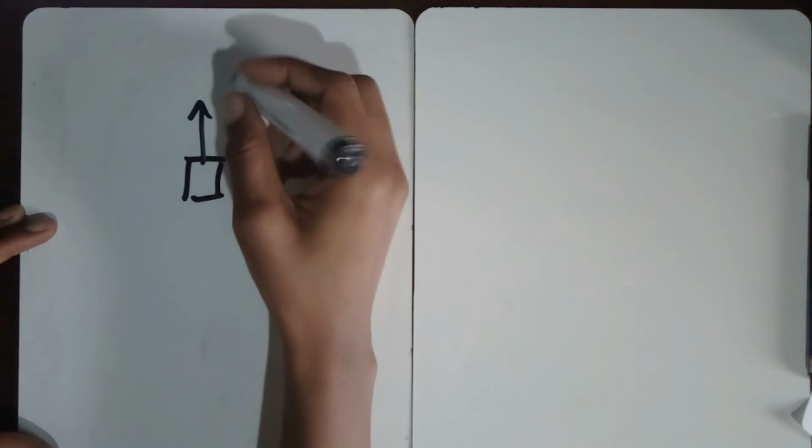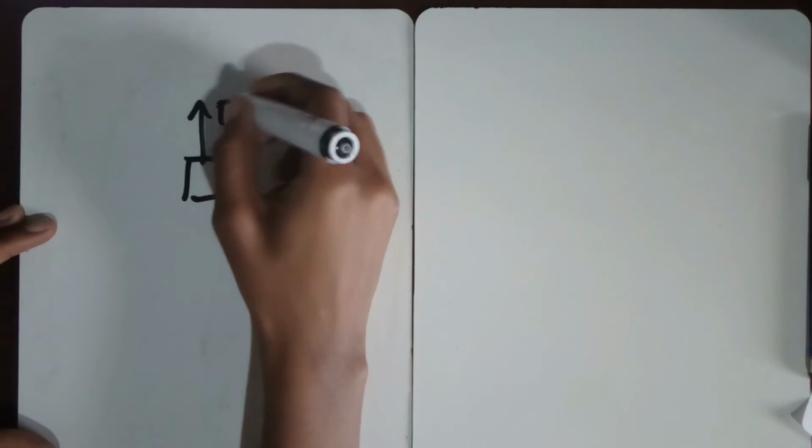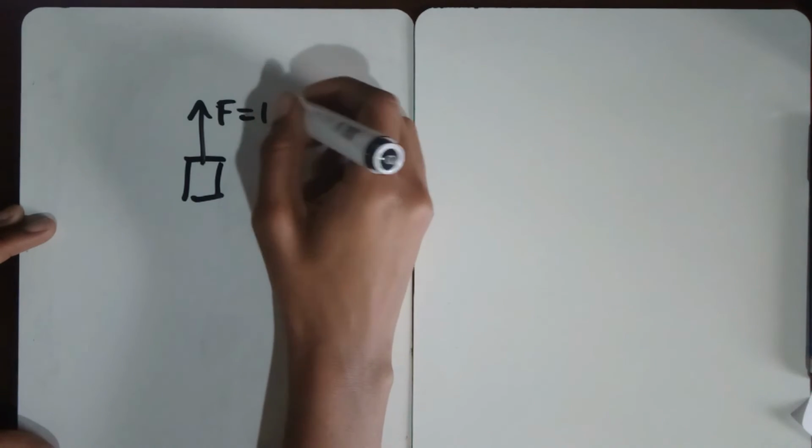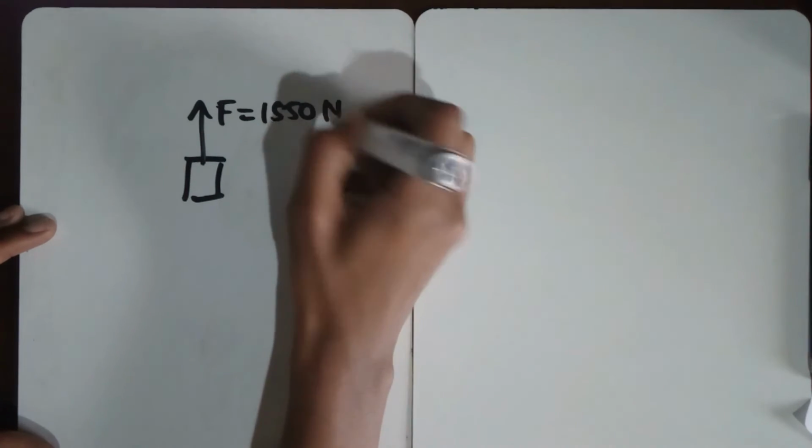So we have a block over there, and we have a force that is moving upward, called F, and its value is 1550. We have a force again of weight.